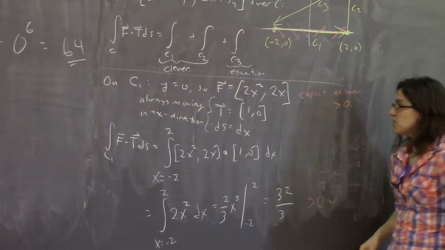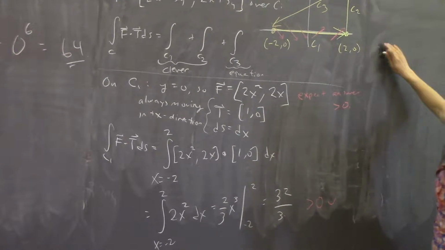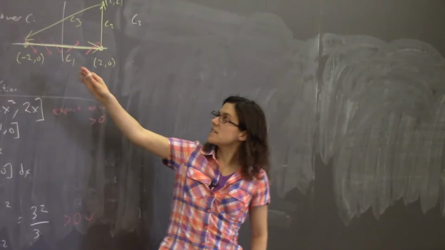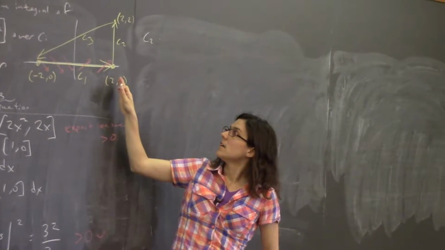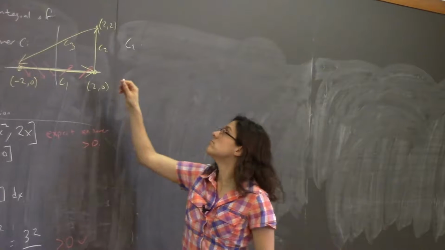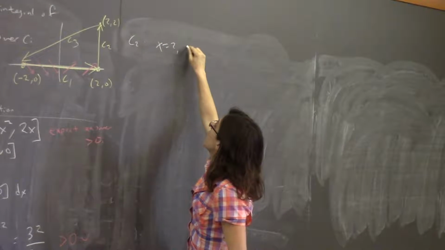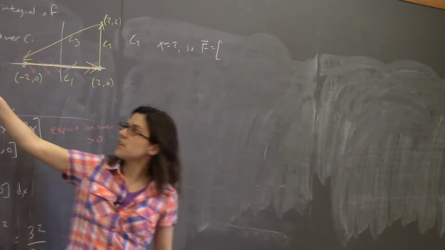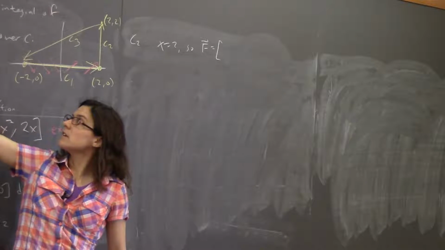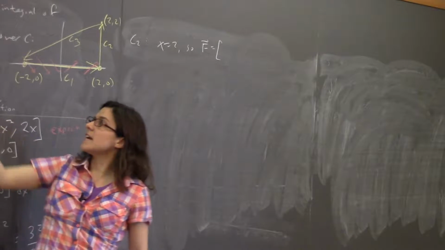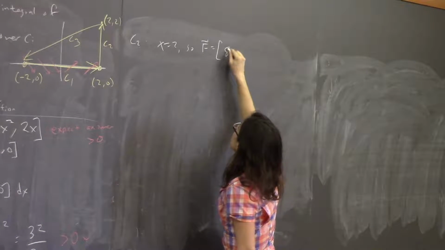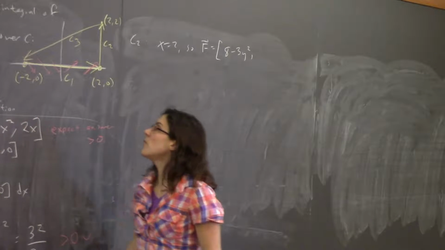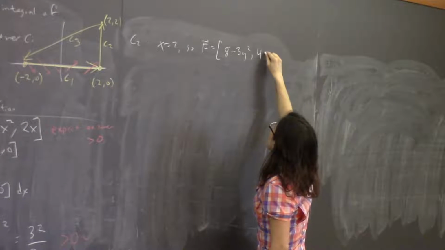Okay, let's try C2. We can also be a bit clever because it's vertical. Along C2, x is always 2. So in this vector field, everywhere we see an x, we can just put a 2. So 2 times 2 squared is 8, so we get 8 minus 3y squared. 2 times 2 is 4, so 4 plus 3y squared.